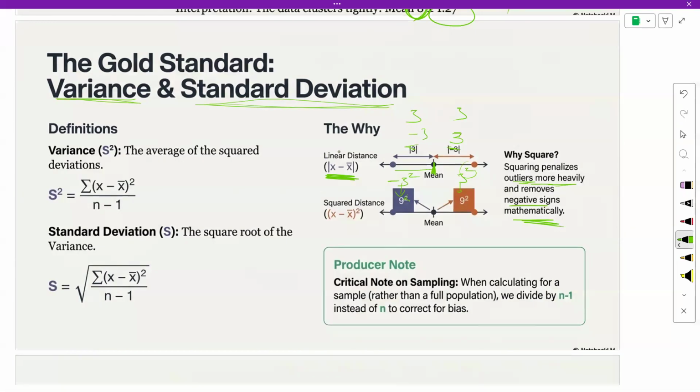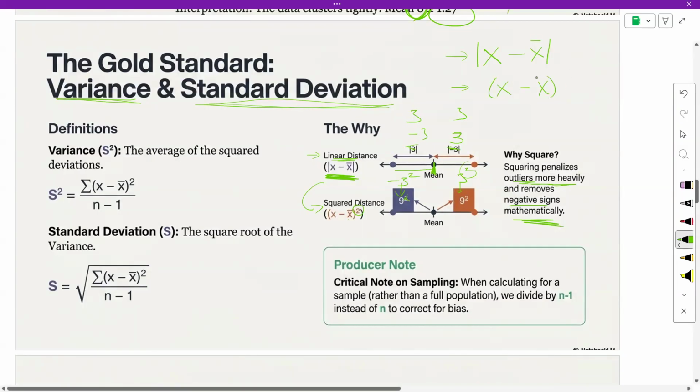In the mean deviation we use linear distance, but in variance and standard deviation we take the square, x minus x bar squared. For mean deviation we take x minus x bar. For variance and standard deviation we take x minus x bar and square it.